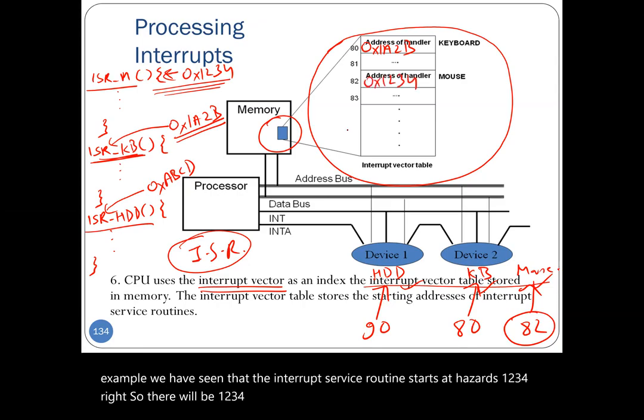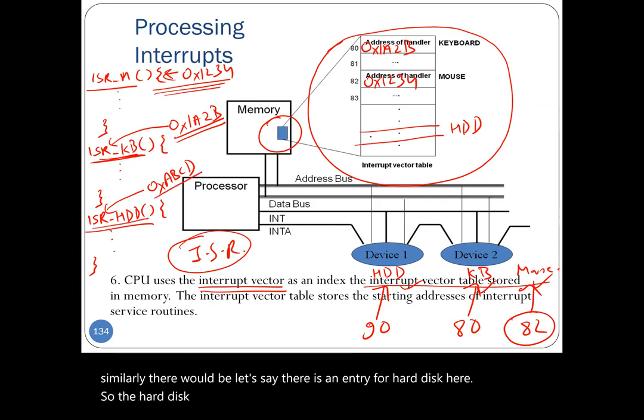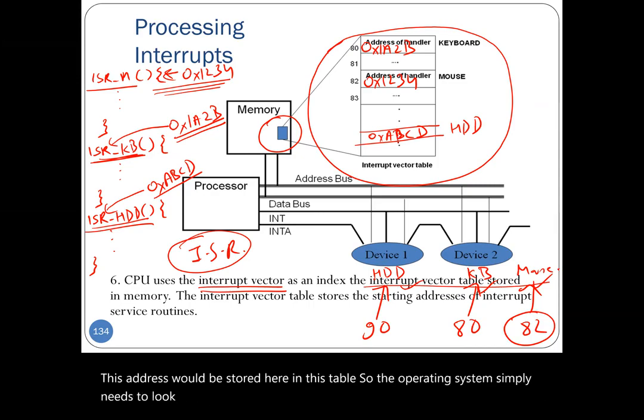Similarly, there is an entry for the hard disk. The hard disk interrupt service routine starts at hexadecimal ABCD, so this address would be stored in the table. So the operating system simply needs to look through this table and find the beginning address of the required interrupt service routine. And here is an interesting thing.